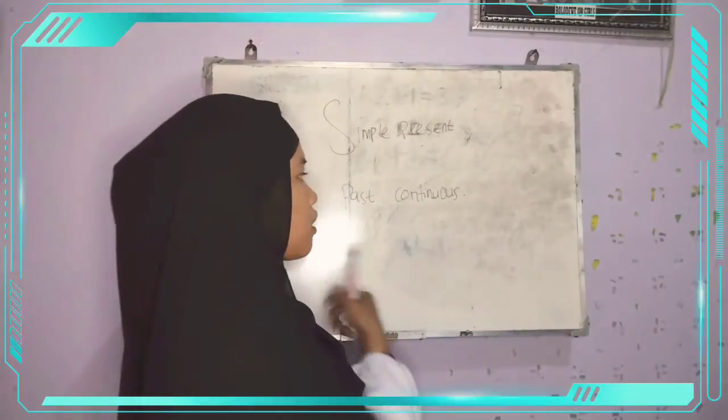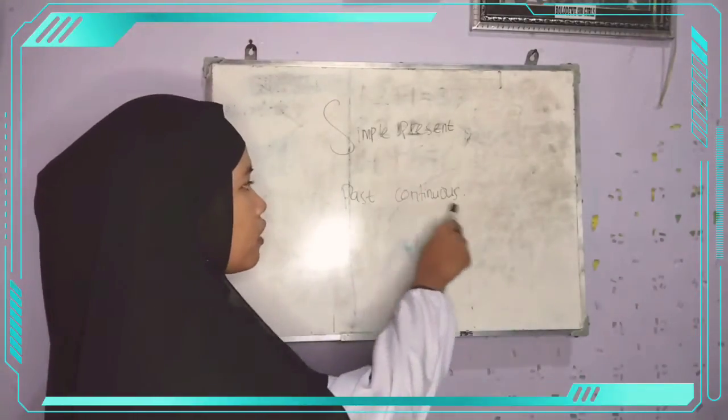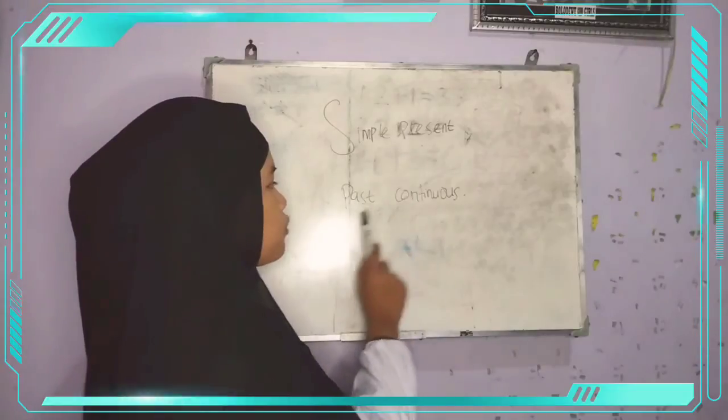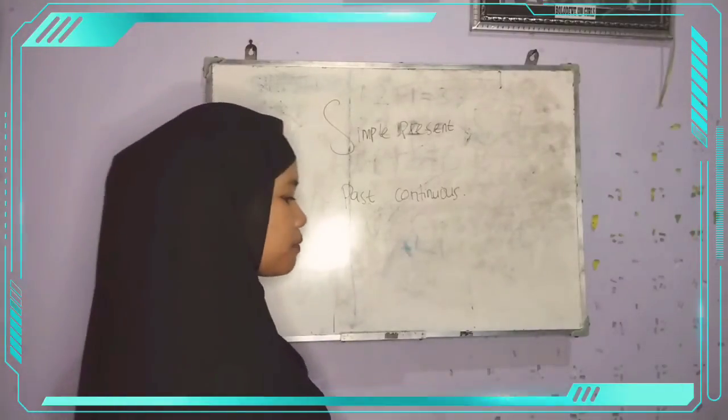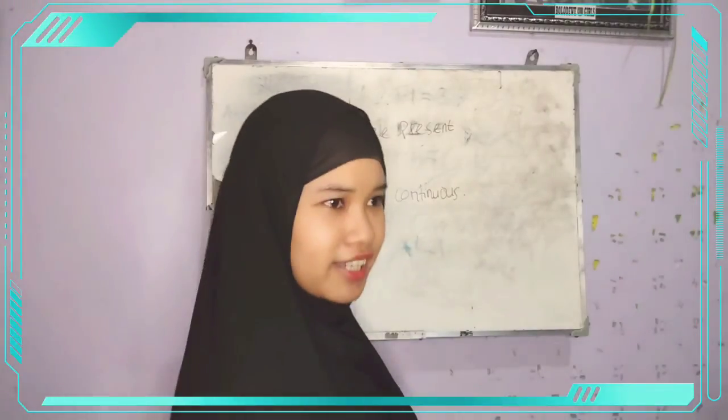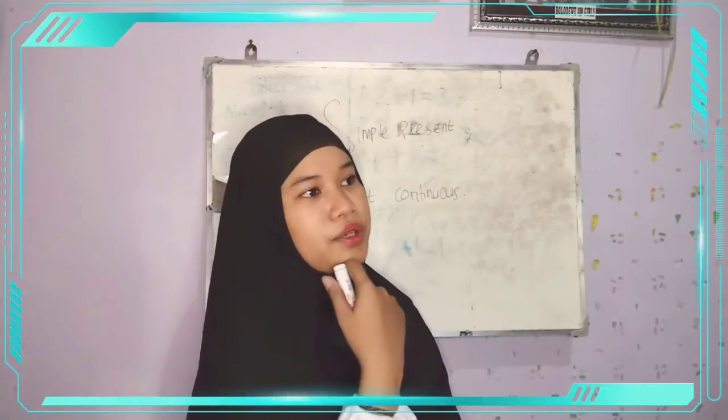It is clear when you explain about simple present up to past continuous. We'll try it. I will write your name here. Raise your hand, guys. Okay, I will wait or I will choose you.